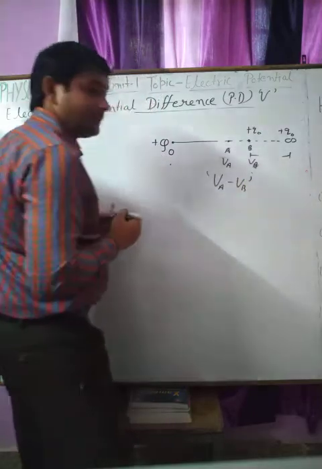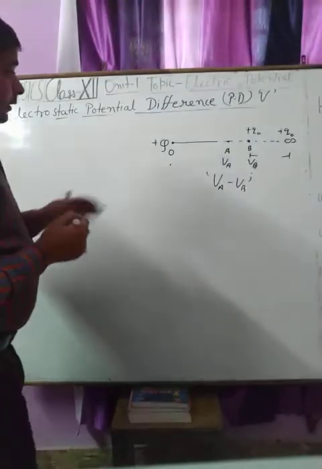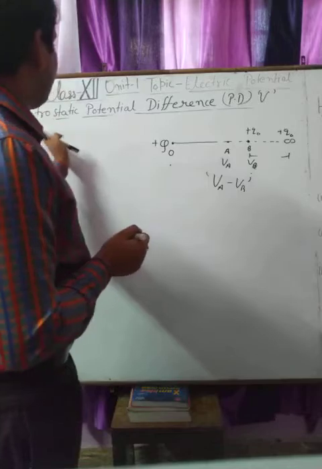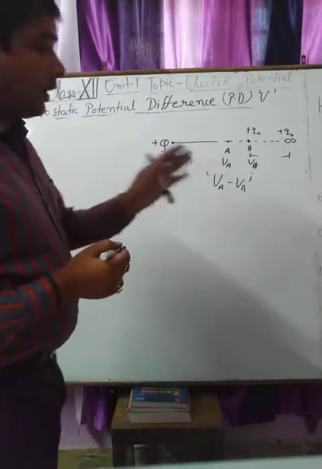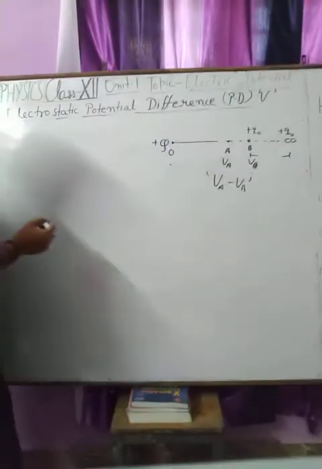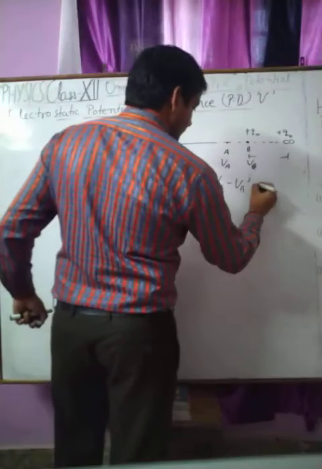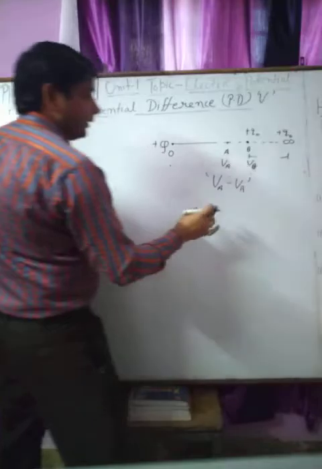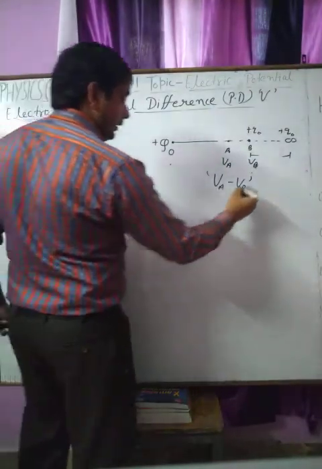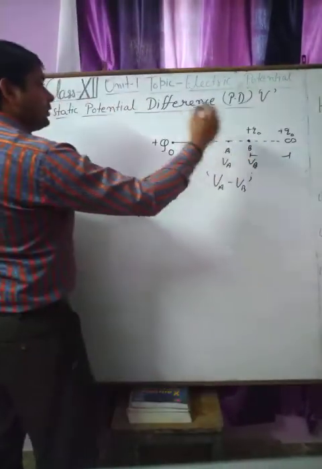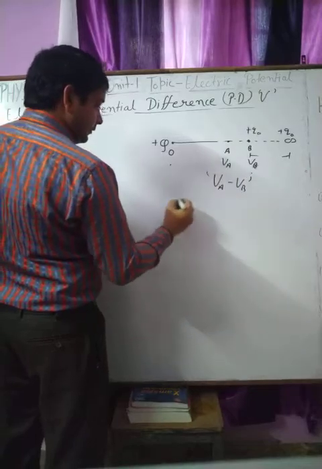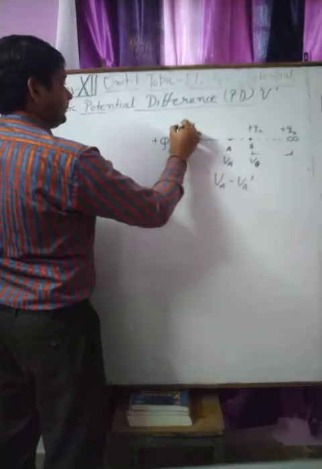This is called electrostatic potential difference. Now we define first the electrostatic potential, and this VA upon VB, we are also using in a form like this.